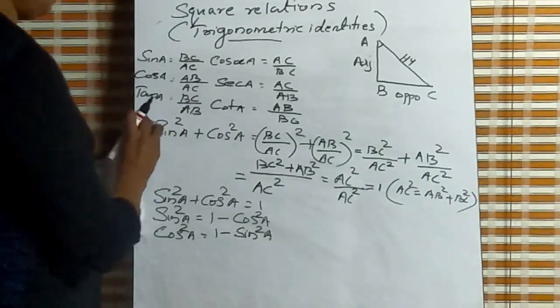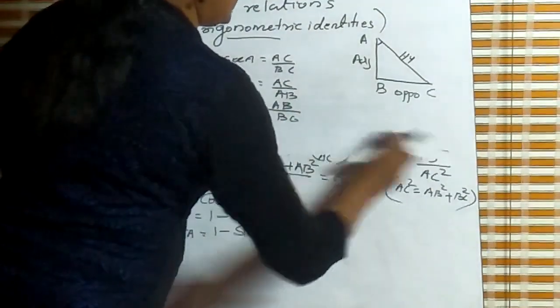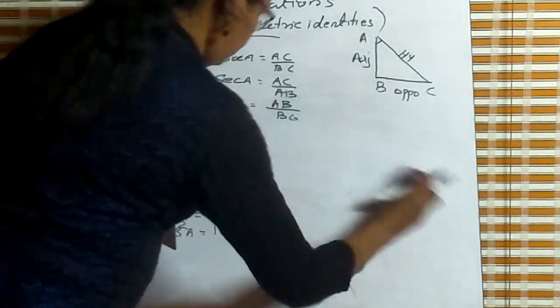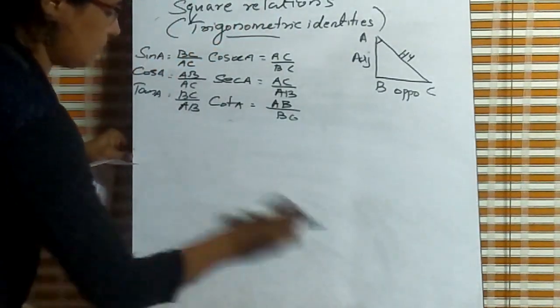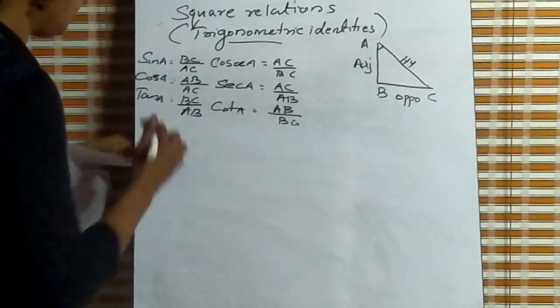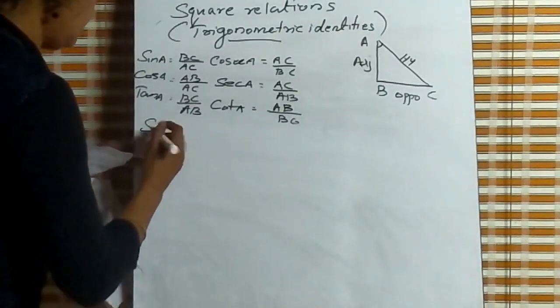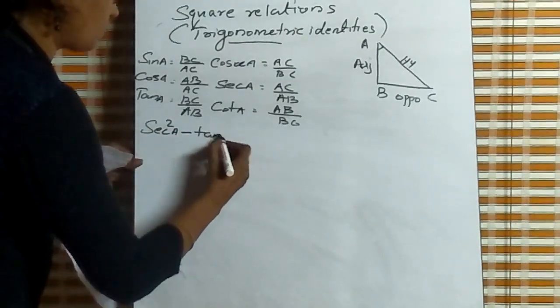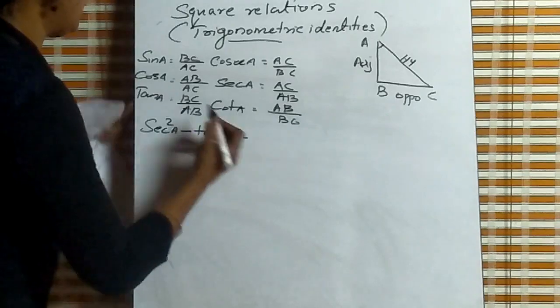Then our second relation is sec square A minus tan square A. What is sec A?